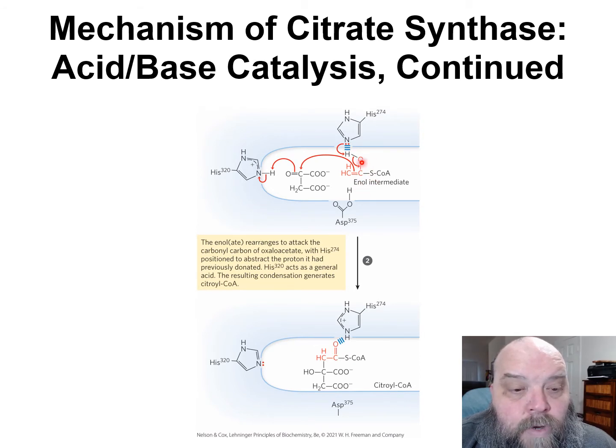So, rearrangement of the bonds here, the hydroxyl here, the hydrogen bonding with the histidine, that bond shifts over, so you get the double bond, the carbonyl group. This carbon-carbon double bond here shifts, and now this carbon 2 is going to interact with this carbon here, or this carbon 2.